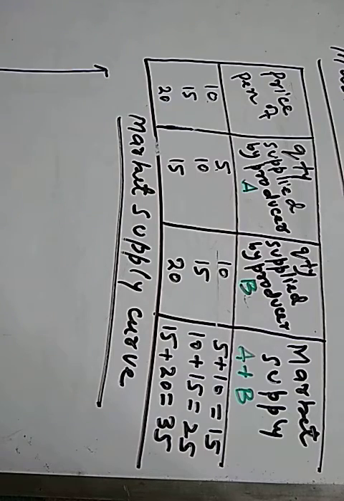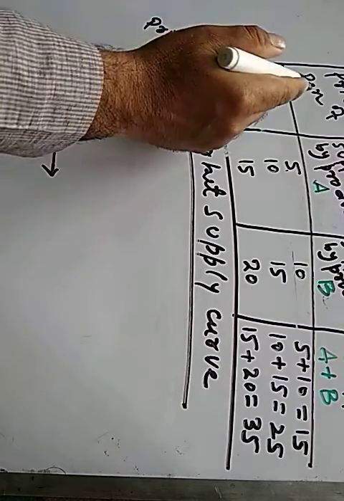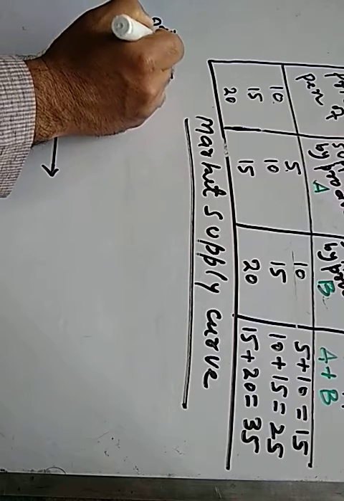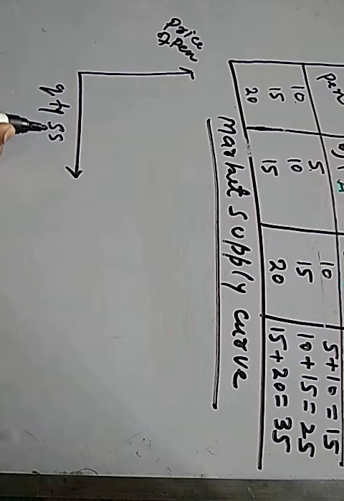On the vertical axis, we take the price of the commodity. Here the commodity is pen, therefore I will write price of pen per unit. And on the horizontal axis, quantity supplied.